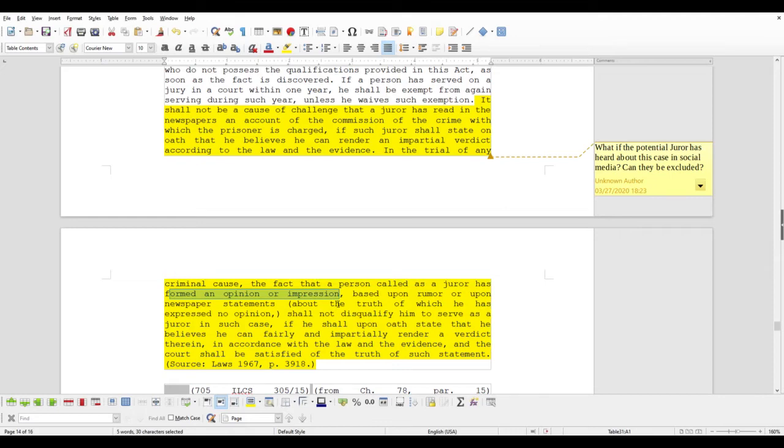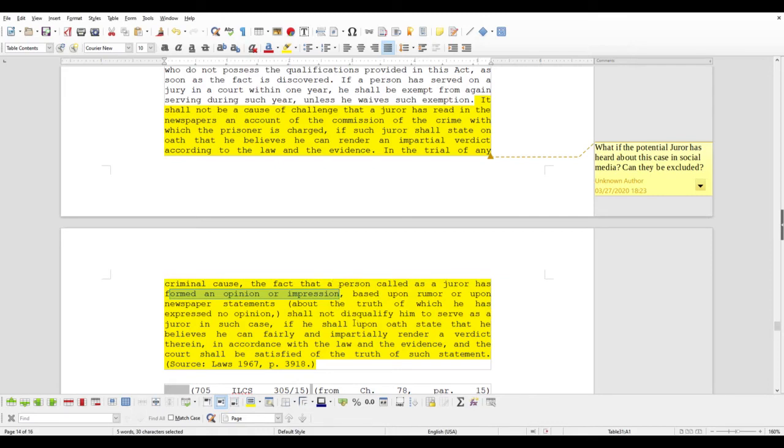But at any rate, it allows a person who's already formed an opinion to come and be a juror, so long as they can state under oath that they're going to essentially do the right thing, which is render a fair and impartial judgment based on the law and the evidence, right?